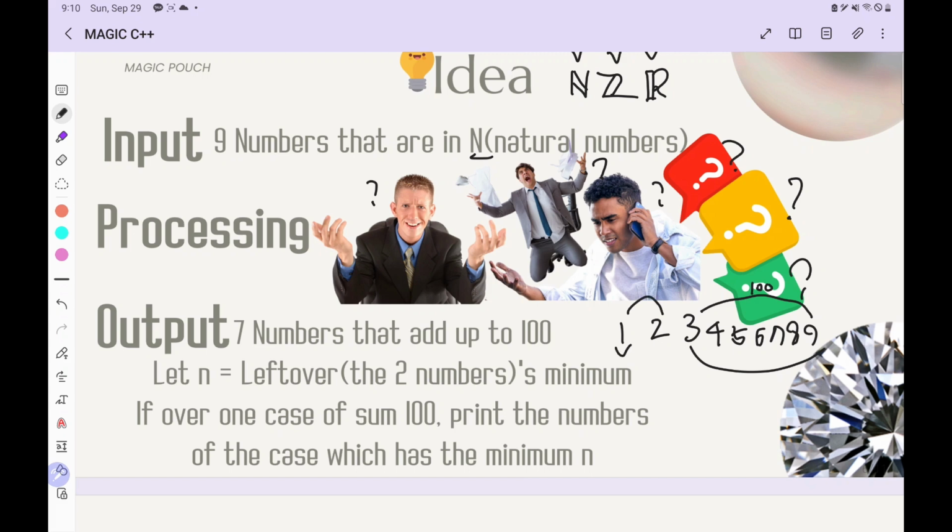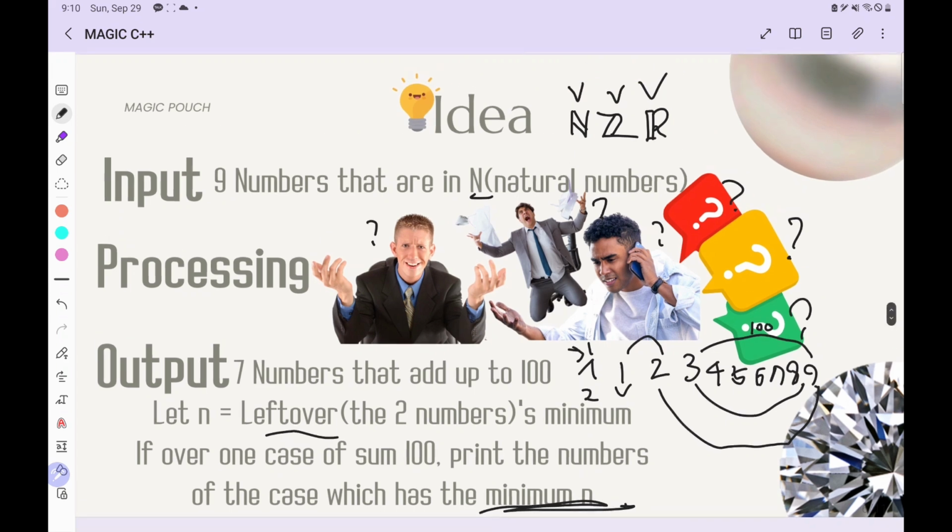This way, we have 1, 2 left and 1, 9 left. So 1, 2 and 1, 9 left here, and the leftover two numbers minimum is 1 here and 1 here. But we print the numbers which have the minimum n. So 1 is smaller. So this means here is the minimum case, which means we should print out this case: 3, 4, 5, 6, 7, 8, 9.